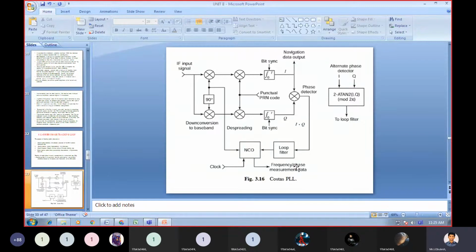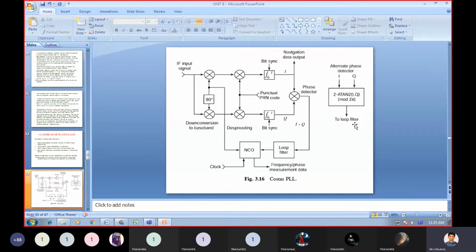Coming to this loop filter, you give the phase detector's in phase and quadrature signals as two input signals. The output you will get here, and you connect it to this loop filter. So here we are showing the arctangent of I, Q mod 2 pi, which you get from this diagram.